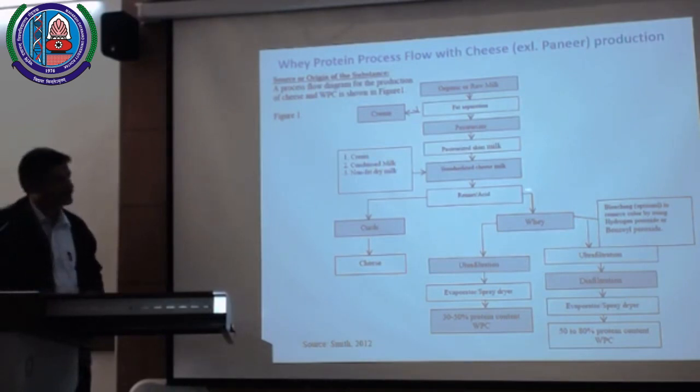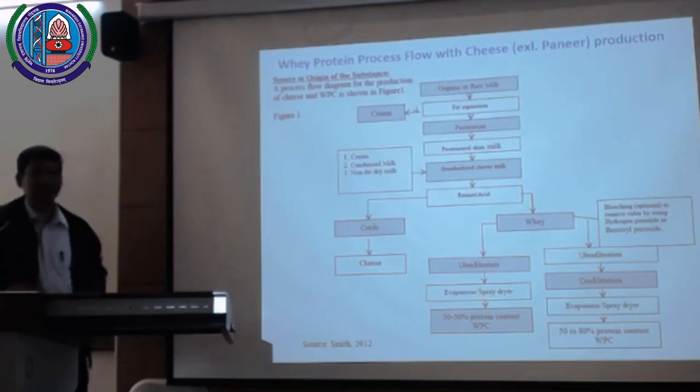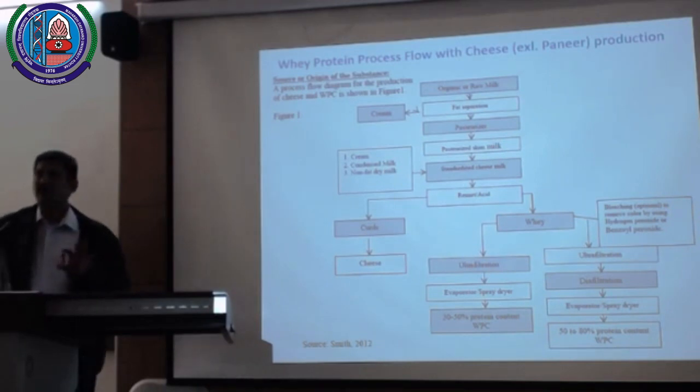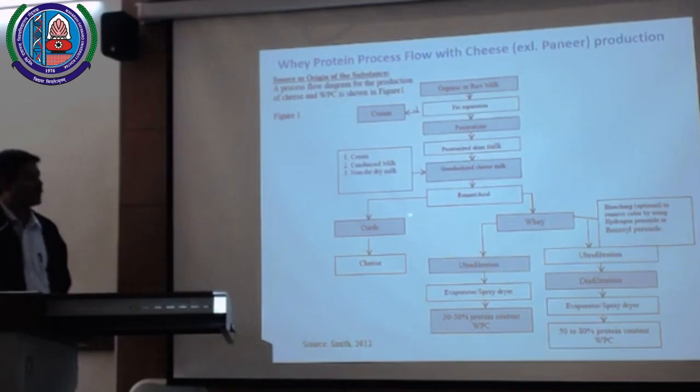When you coagulate it, the coagulation will be at different temperatures, depending on the cheese you are making. I'm not going into detail on how this happens. Then you have curd.